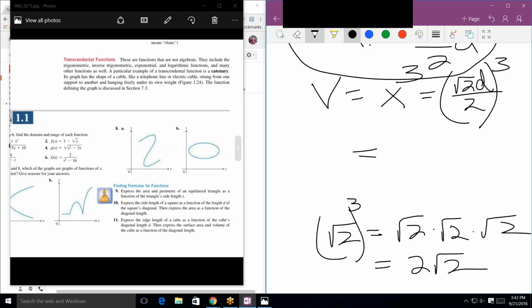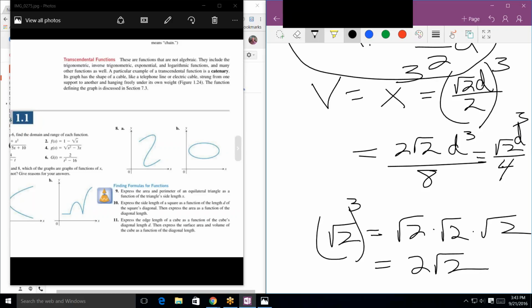Okay. So that's what that part is. What's d to the third power equal to? d cubed. And what's the bottom cubed equal to? 8. Okay, and all that reduces to square root of 2 over 4 d cubed. So there's the volume as a function of d.